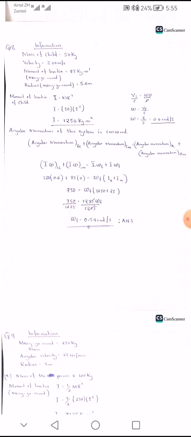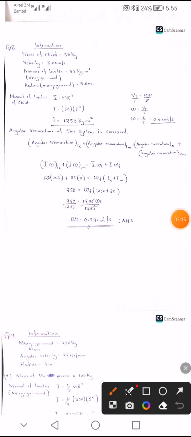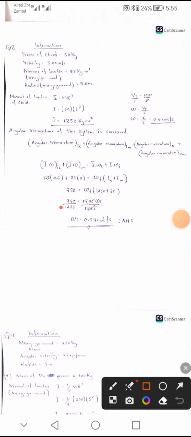So when we add those two, we get 1,275. Then we just divide both sides of the equation by 1,275 to get the value of the angular speed of the whole system as 0.59 radians per second. And that's how we solve question number 8.